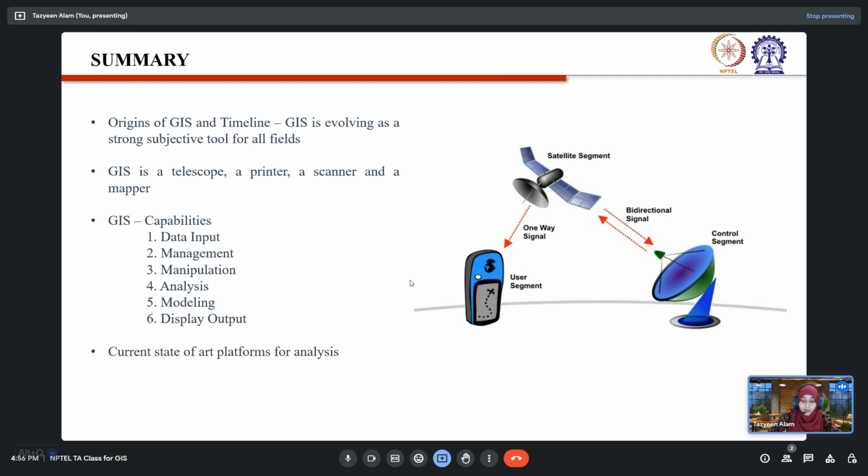So maybe the next time you're using your smartphone, you want to use it more efficiently, and you want to see how you are contributing to a certain database. Maybe as a fun exercise, you can try to collect data from other users through these different platforms just from your mobile phones, which is known as mobile GIS, and you can actually map it.